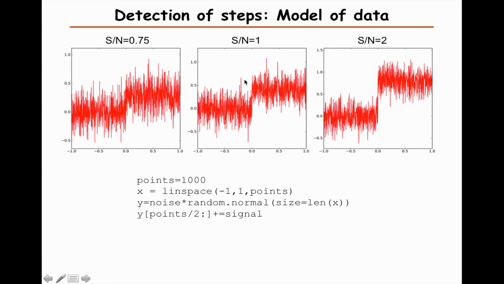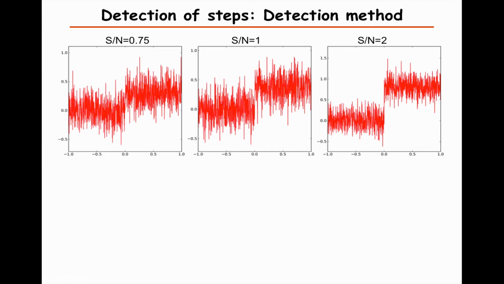This is signal-to-noise ratio 1, signal-to-noise ratio 2, and so on. Then the last thing we need before we can start defining parameters is the detection method. Would anyone suggest a method for detection that we can use?